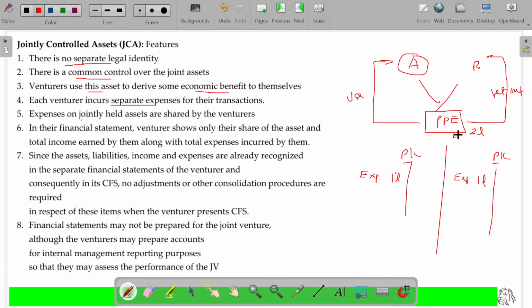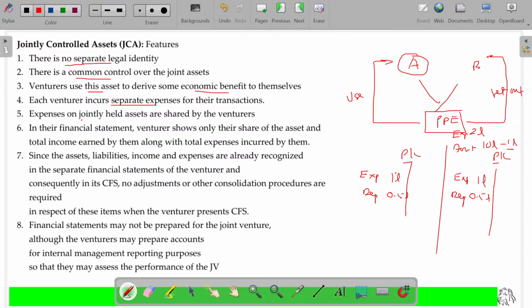And then this is the expenses. The asset value being 10 lakhs rupees, for the first year 1 lakh rupees is depreciated. Then depreciation on the jointly controlled asset is 1 lakh, though A's portion is only 0.5 lakhs and another 0.5 lakhs is debited here. Is that okay?